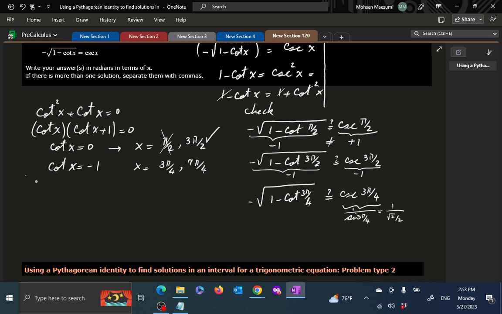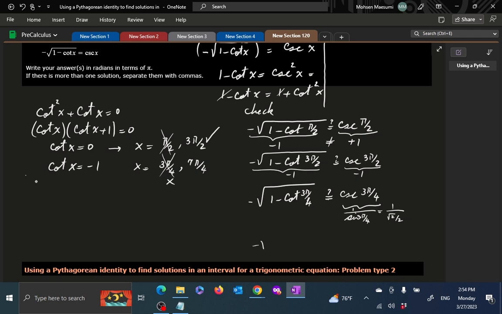Whatever this thing is, it is positive. This side is negative. They can't be equal to each other. I don't need to worry about what is inside the radical and try to match them. On the right hand side you have something that's positive, on the left hand side you have something that's negative. So that falls out of consideration as well. So this is out.